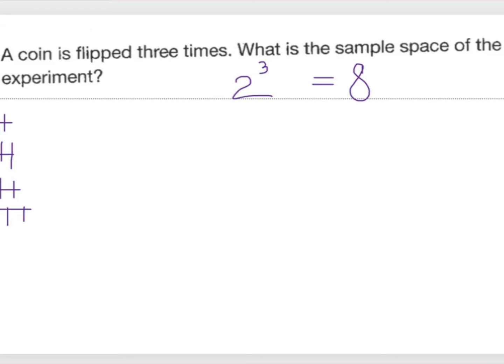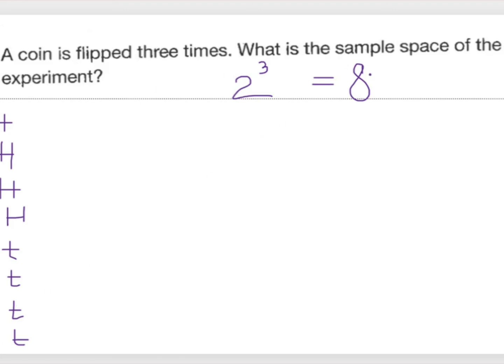Oops, that doesn't look right at all. That did not look like a head. Make it about there. Okay, 4 heads, and then we'll make these a little bit easier to make. T, T, T. Now 4 heads, 4 tails.